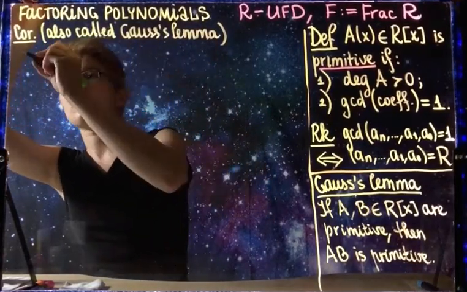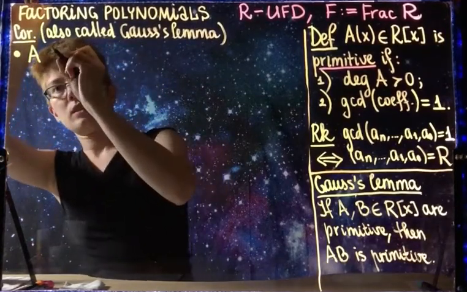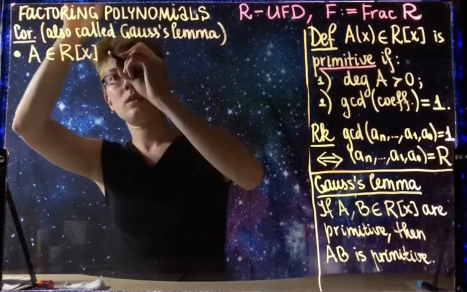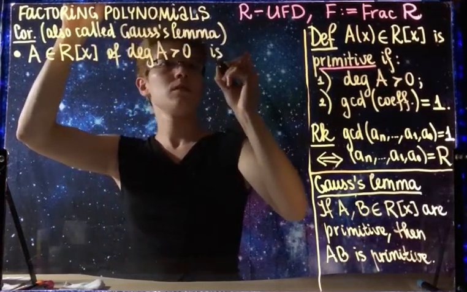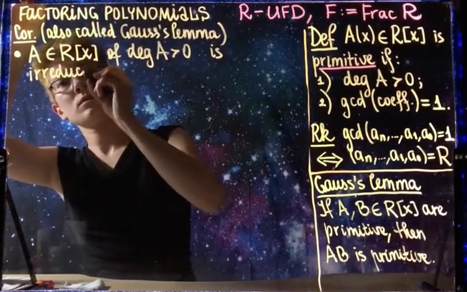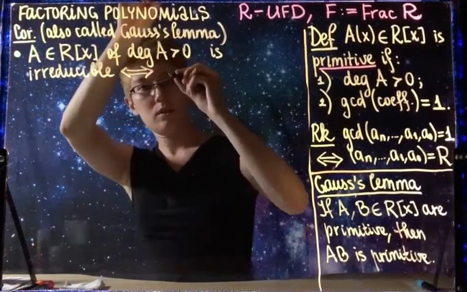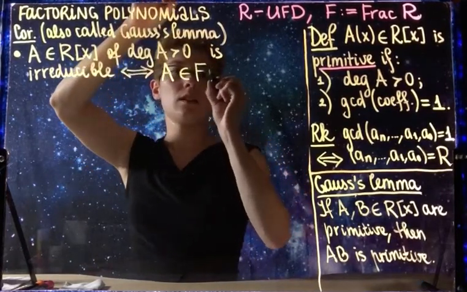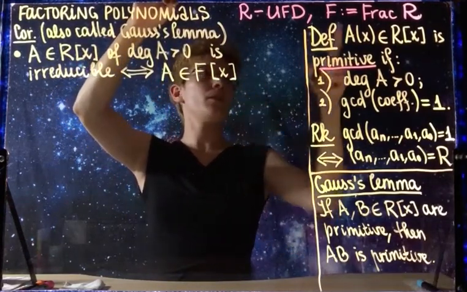And it is the following. So let's say that A in R adjoint X of positive degree is irreducible if and only if A is irreducible as a polynomial with coefficients in the fraction field.